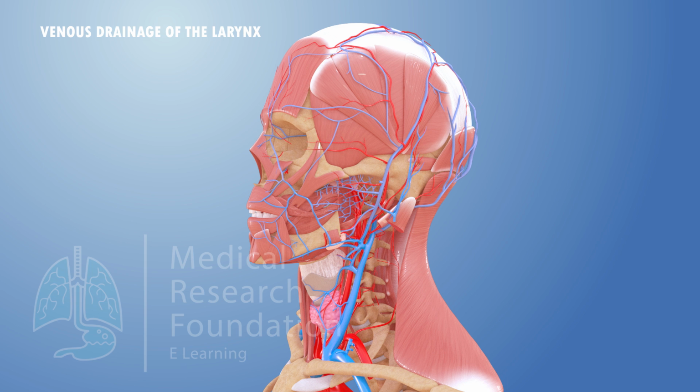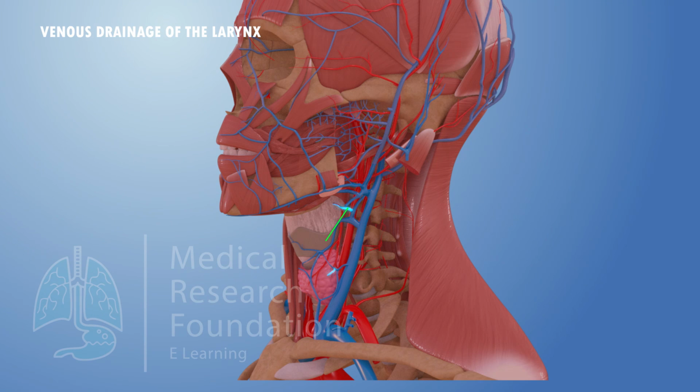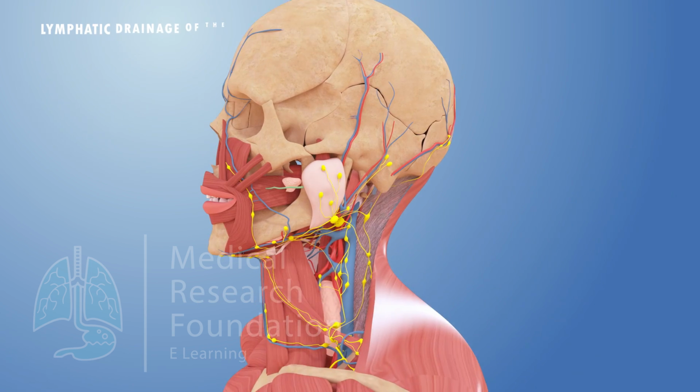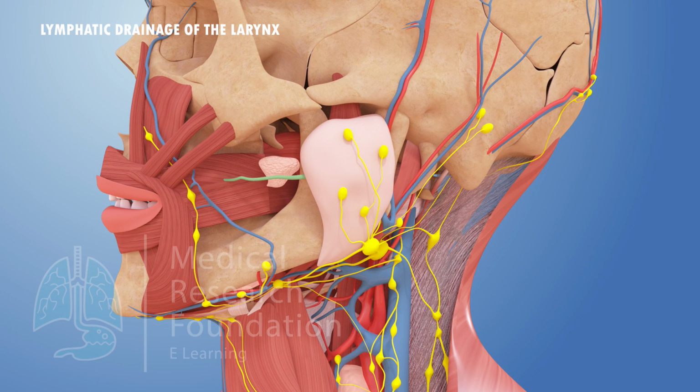Venous drainage of the larynx. The veins draining the larynx accompany the arteries. These are superior laryngeal vein, which drains into the superior thyroid vein. Inferior laryngeal vein, which drains into the inferior thyroid vein. Lymphatic drainage of the larynx.